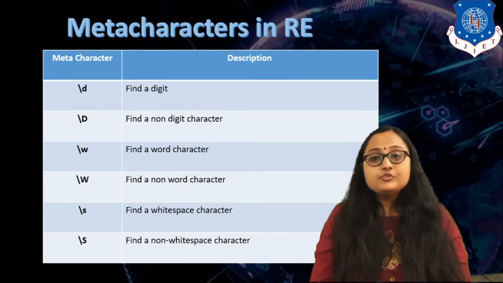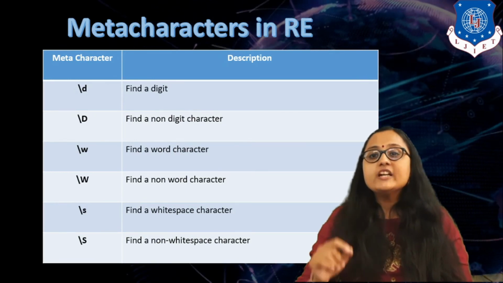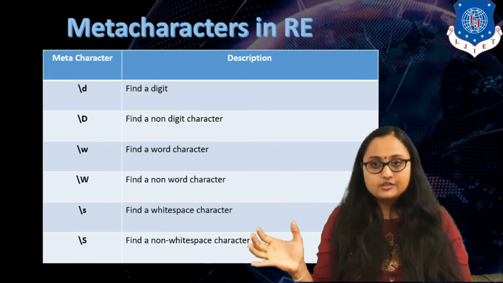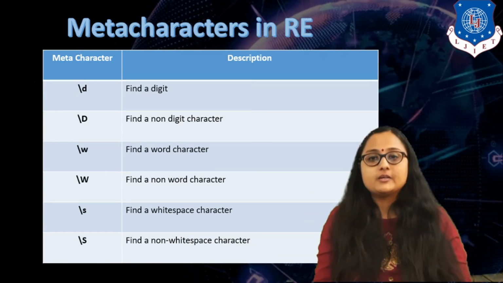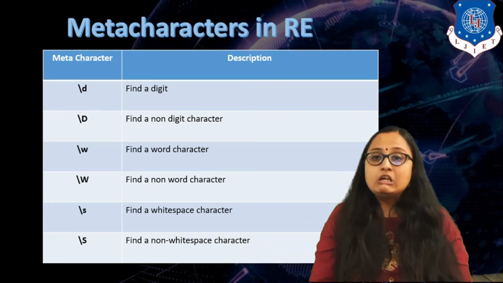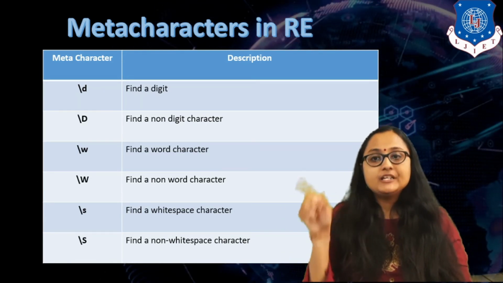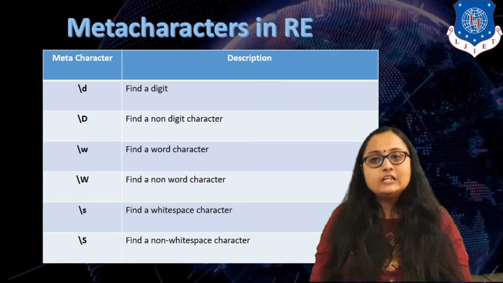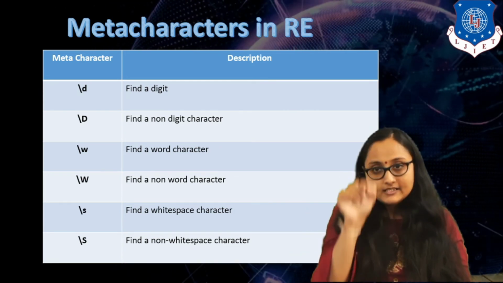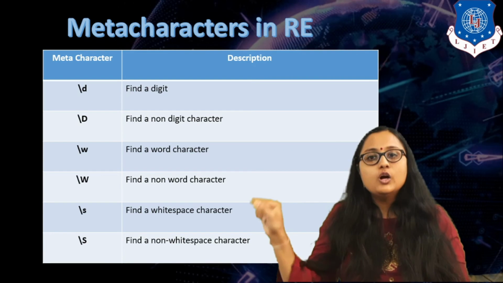Now if you want to find minimum one non-digit character, that means minimum one alphabet should be present in your string. The meta character for that is backslash capital D, that is equal to bracket, inside the bracket caret 0 to 9.